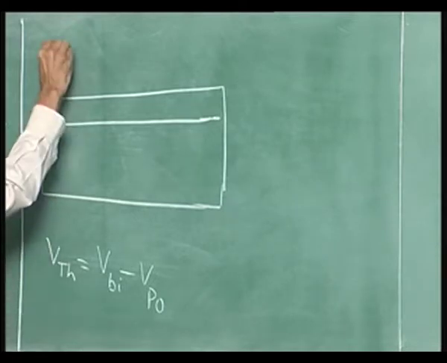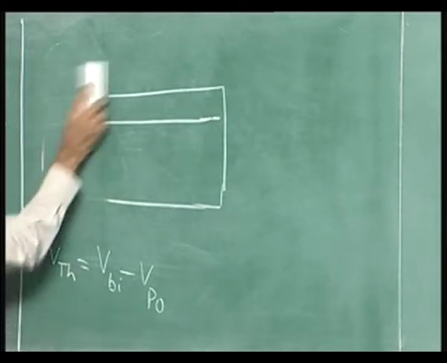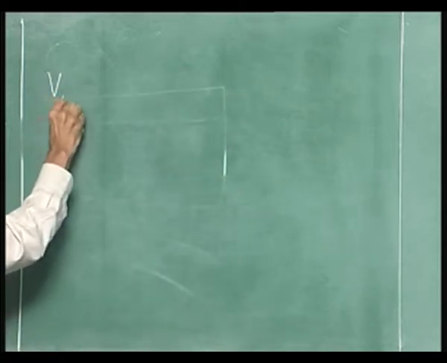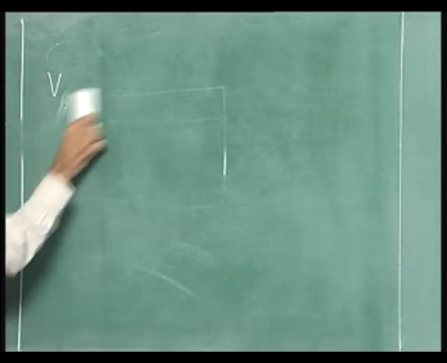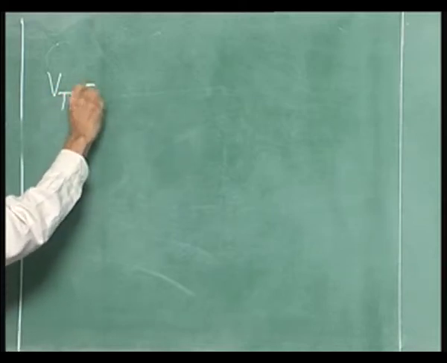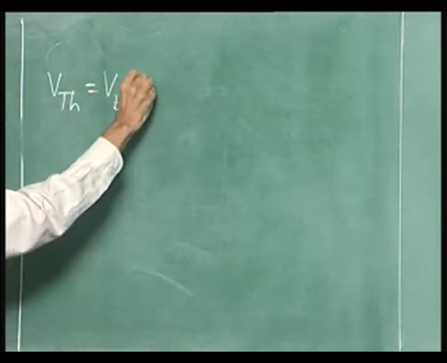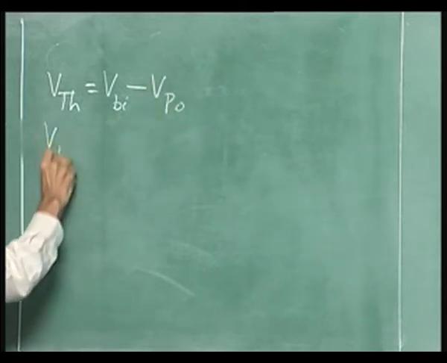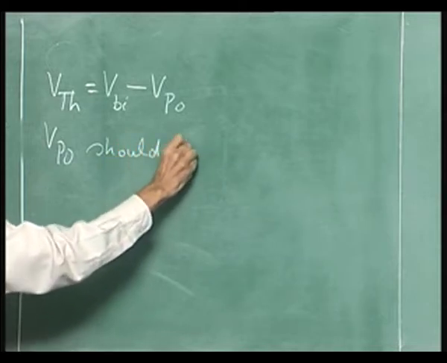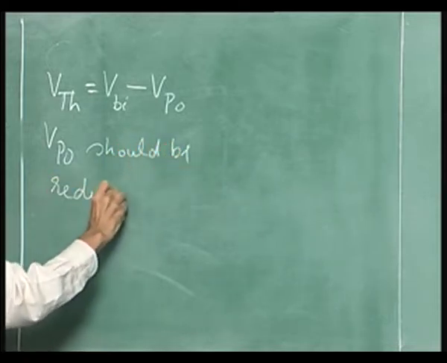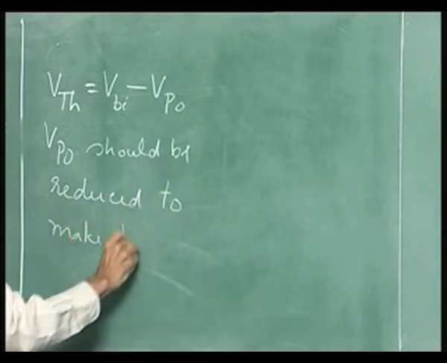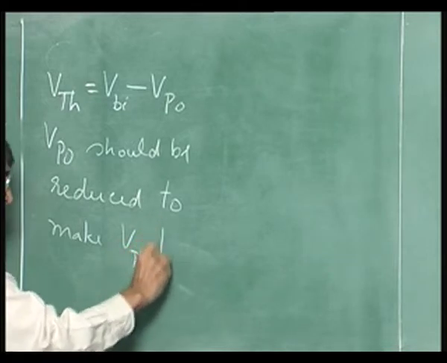VP0, I think I don't need this diagram right now, because we have it right there. VBI minus VP0, the threshold we want to keep positive. So, VP0 should be reduced to make V threshold positive.